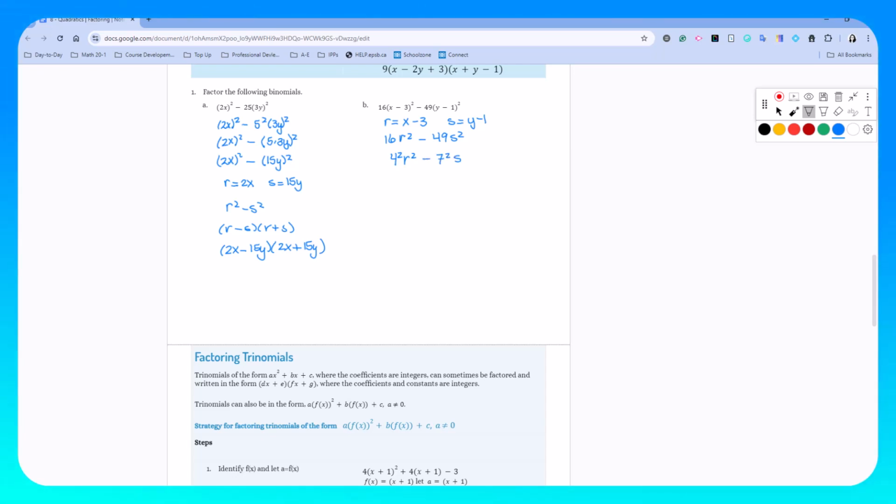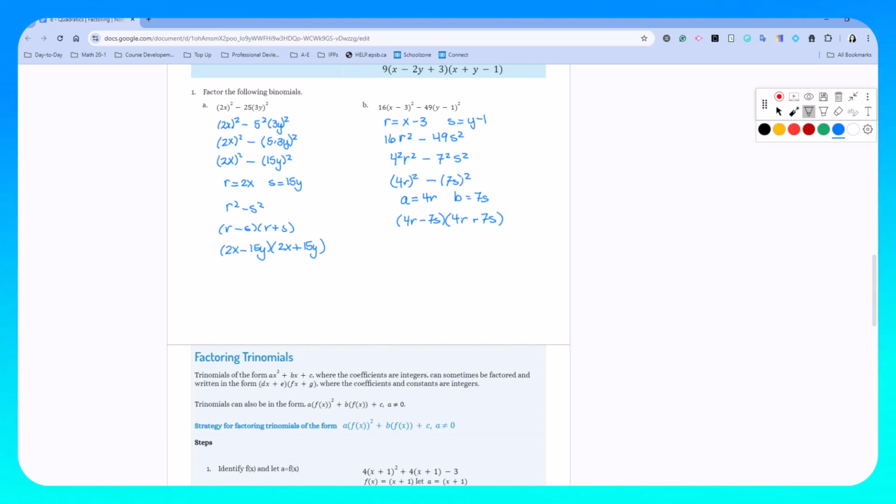Same with the 49. Again, if you can't square it, then it's not a difference of squares. And rewriting this, we get (4r) squared minus (7s) squared. In this case, this is the same as saying A equals 4r and B equals 7s. So that's the same as saying (4r minus 7s) times (4r plus 7s).